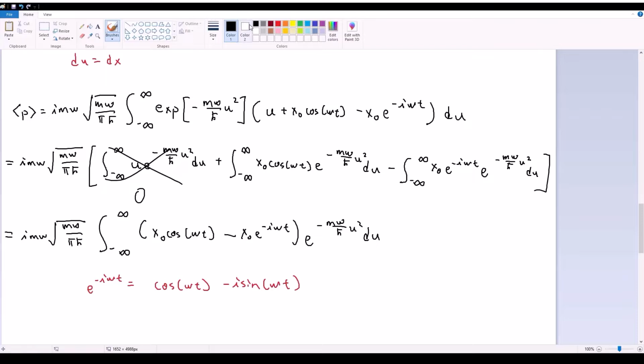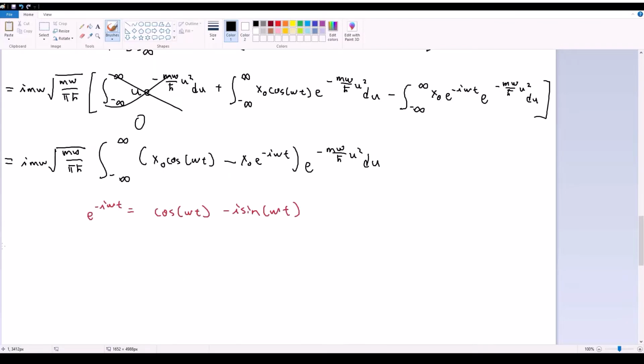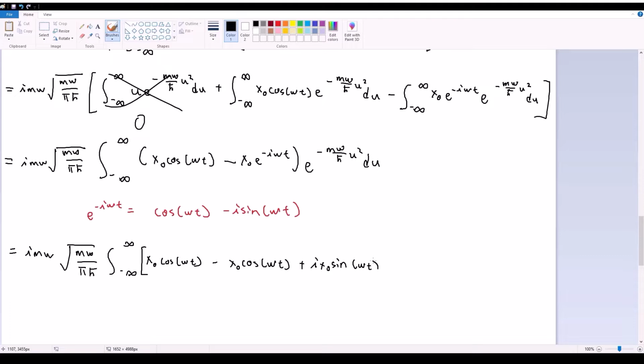If I plug this back in, I'm going to get i m omega root m omega over pi h bar, integral from negative infinity to infinity of x naught cosine omega t minus x naught cosine omega t plus i x naught sine omega t, all multiplied by e to the negative m omega over h bar u squared du.